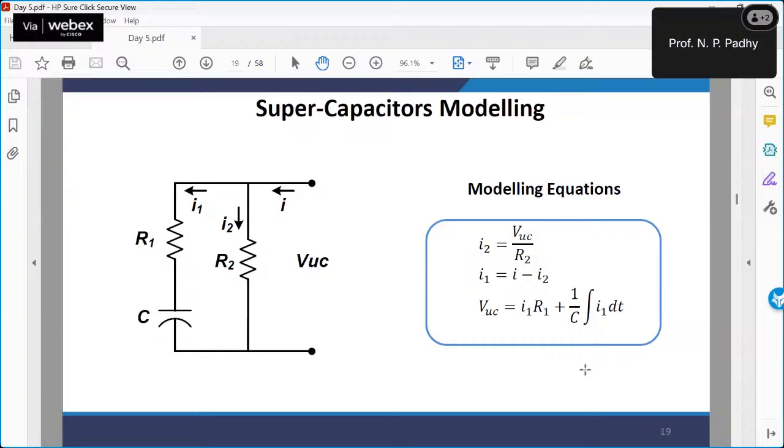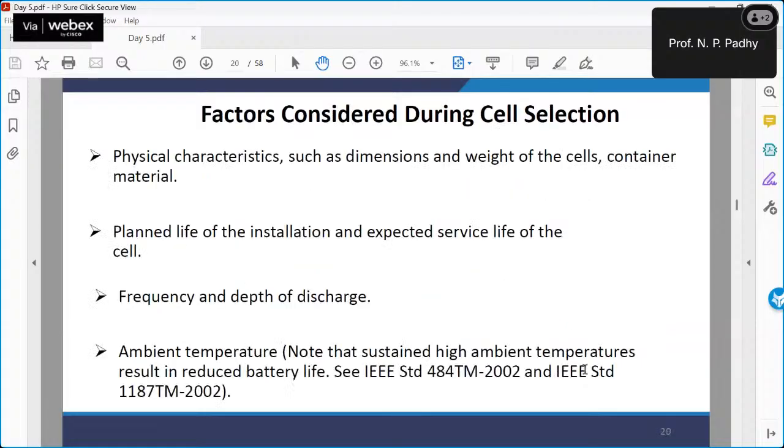So probably students must be very careful. Maybe let's say Manmohan is very keen to ask a question. Please choose which model is representing the supercapacitor. So this is how the supercapacitor mathematical model looks. And the right side very clearly shows the modeling equations. It's a very simple RC in series in shunt with a resistance. And we can create some modeling equations for the supercapacitor.